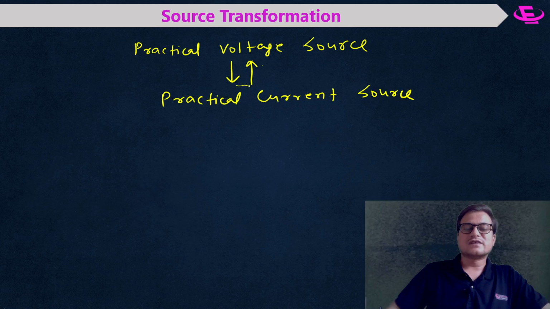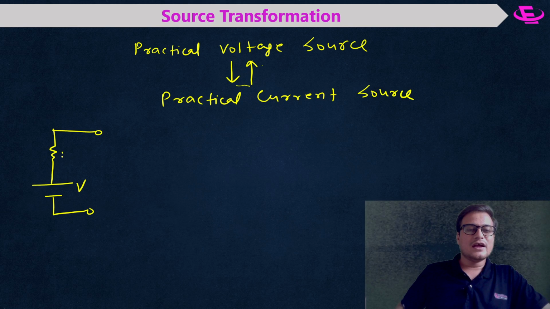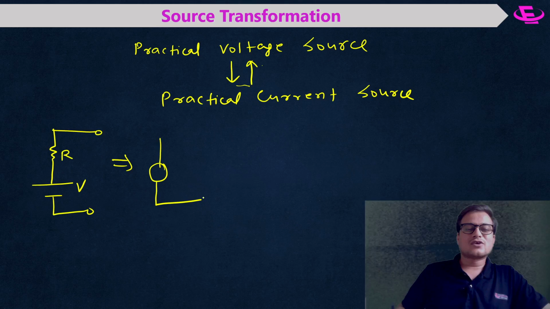It's a vice versa process. How is it possible? Let us take a practical voltage source. This is the voltage V, internal resistance R. Now if you transform it into a practical current source, you can draw the circuit like this. This is the practical current source, current is I, resistance is R.